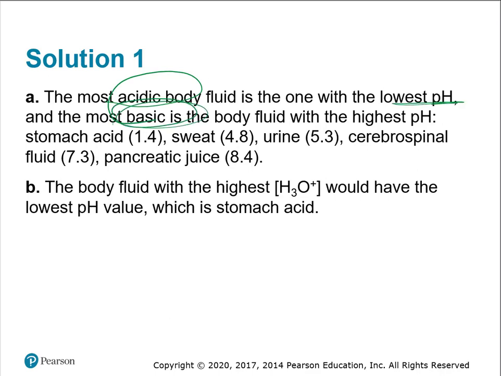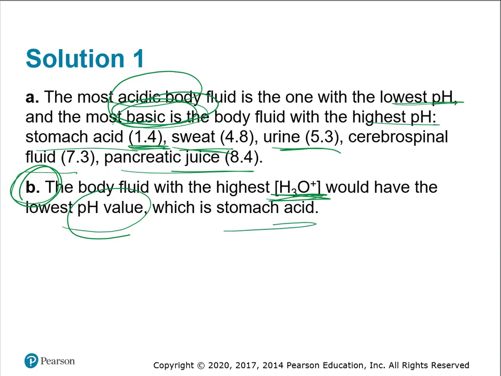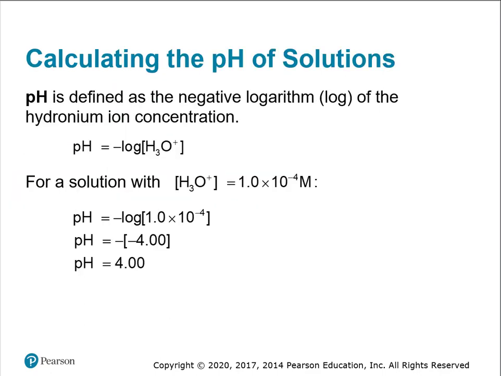The most basic one is the highest pH. So going from lowest pH would be our stomach acid, then sweat, then urine, then cerebrospinal fluid, then our pancreatic juice. And the body fluid with the highest hydronium ion concentration would be the lowest pH value, which would be our stomach acid.